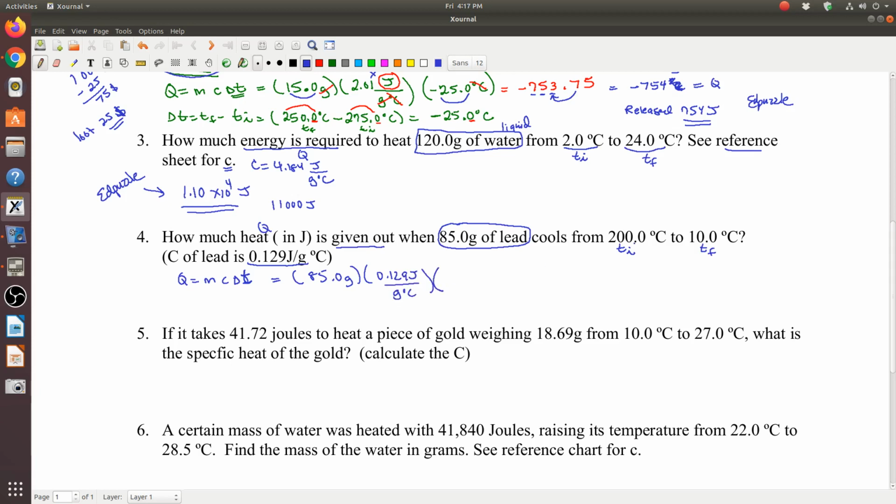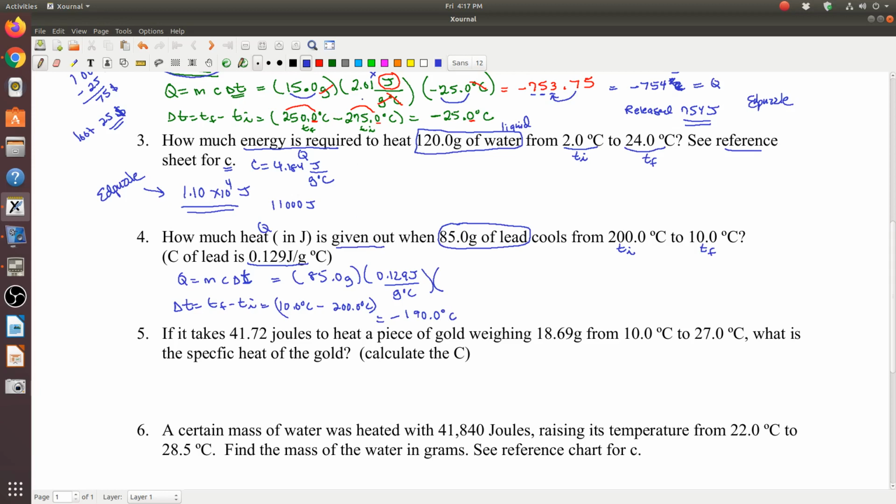And the delta T, so I'm going to calculate delta T, T final minus T initial. That's going to be 10 degrees Celsius minus 200 degrees Celsius, so the delta T equals negative 190.0 degrees Celsius.